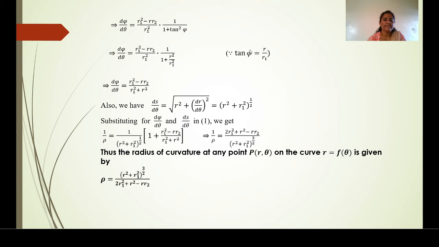In the previous slide we saw that tan ψ is r by r1. On simplifying this we get (r1 square minus r r2) by (r1 square plus r square).